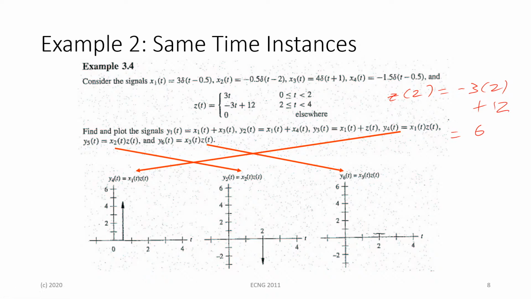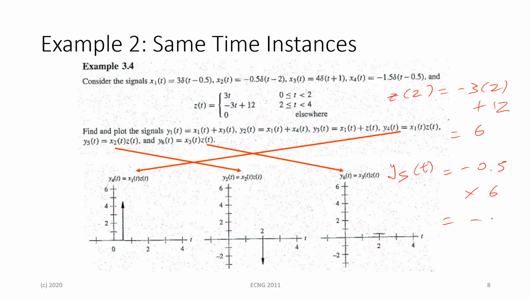And then we also know that our x2 of t signal occurred at t equals 2 seconds, but had a magnitude of negative 0.5. Because we are multiplying, y5 of t is going to be the negative impulse magnitude of x2 of t, which is negative 0.5, multiplied by the instantaneous value of z of t at 2 seconds.